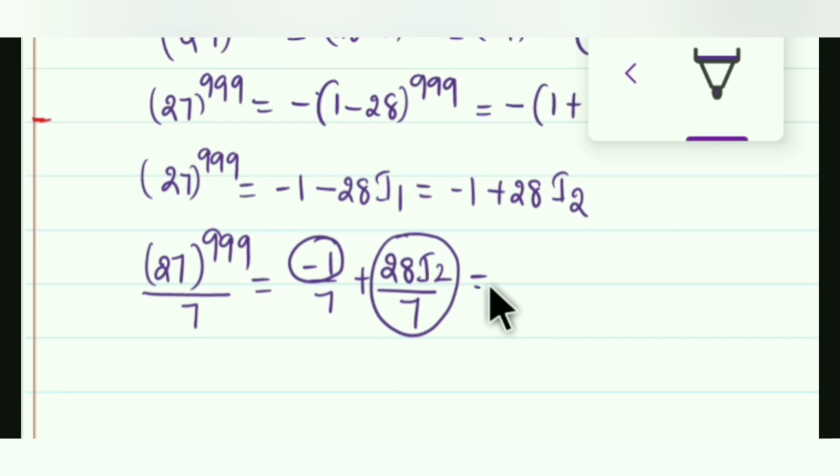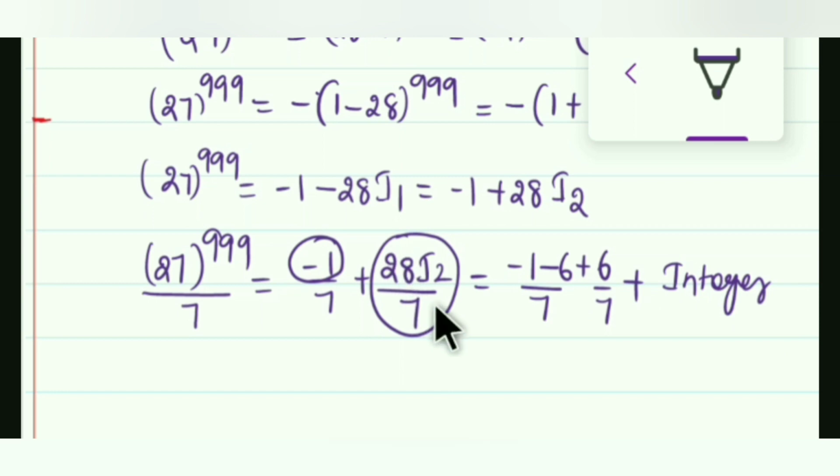I told you one process. For this minus 1, what we have to do is add minus 6 plus 6 to make it one perfect integer, which is 7. So I am writing minus 7 here and 6 here, and you get some integer after cancellation.